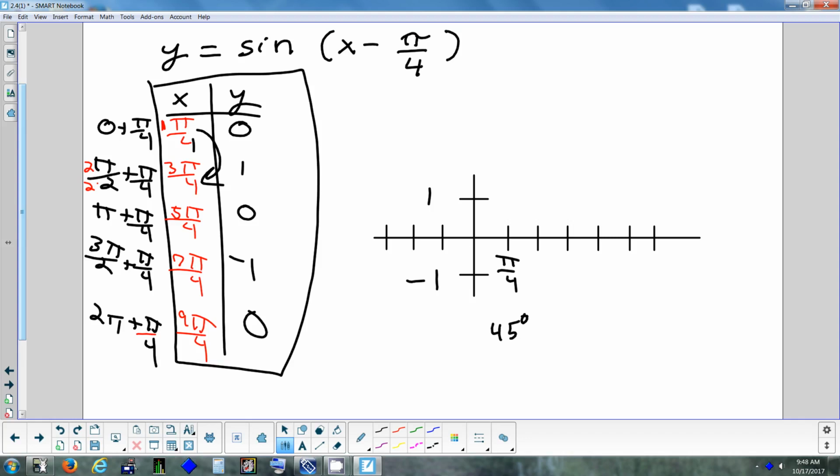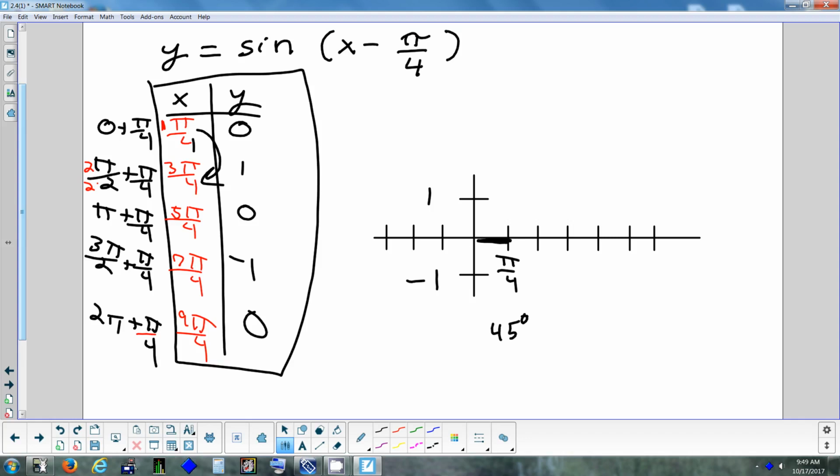That's 135 degrees. 3 pi over 4. So how far away is 45 from 135? It's 90. It's 90 away. This section right here is worth 45 because that's where we put 45. So whatever you put your first mark at, that's the width of the section.